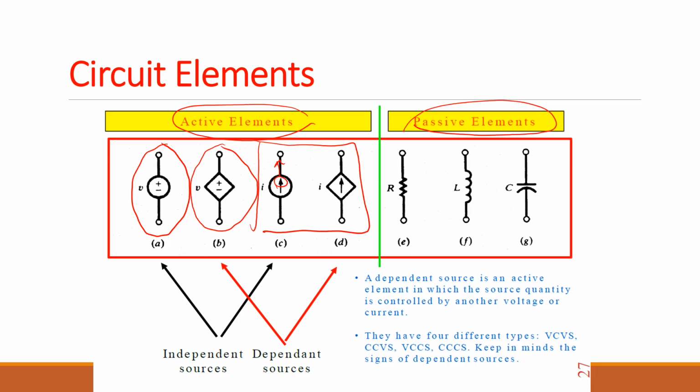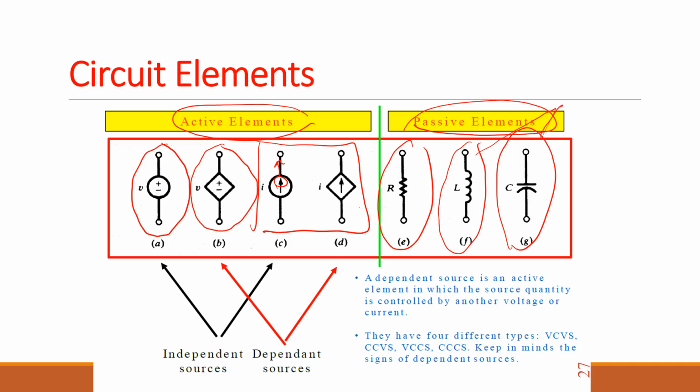And when we look at the passive elements, we can have resistors. At the very beginning, we will have only resistors in our circuits, but when we go further, we will look at inductors and capacitors. They are passive elements. They use energy supplied by a voltage source or a current source. But when we look at inductors and capacitors, we can charge them.